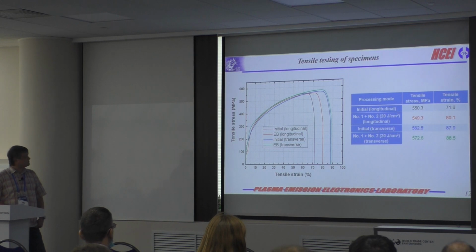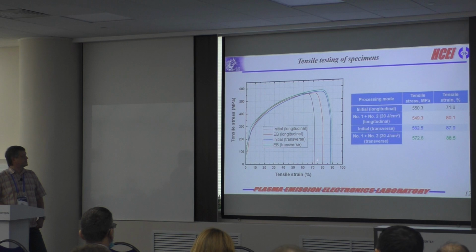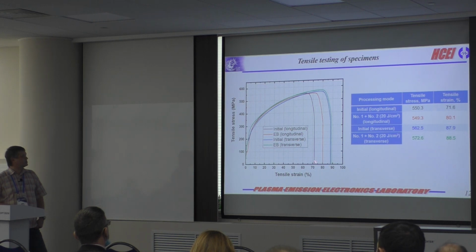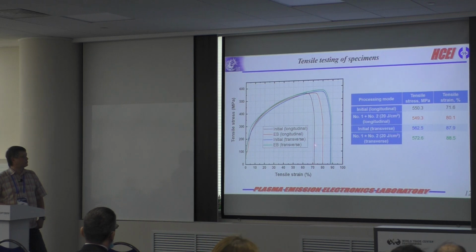And tensile testing of the specimens showed that in longitudinal direction the tensile stress in all specimens almost did not change before and after treatment, but tensile strain in longitudinal direction increased after treatment, by more than 10% relative to the initial specimen.